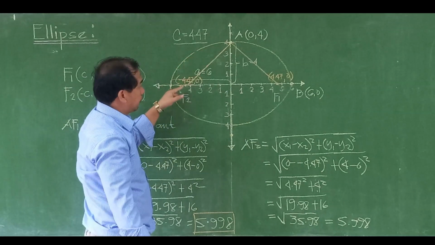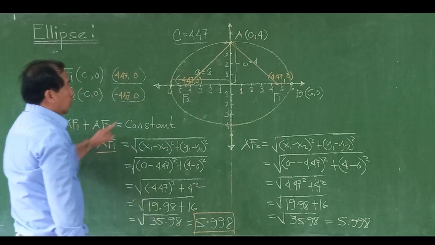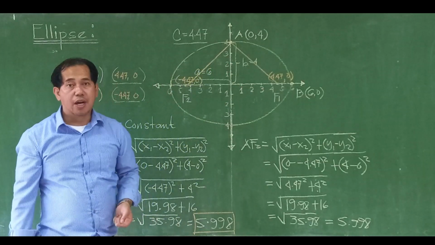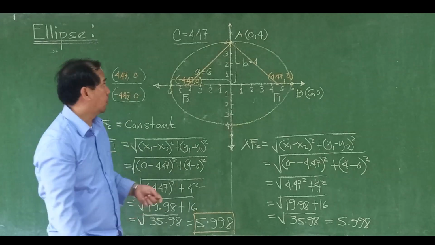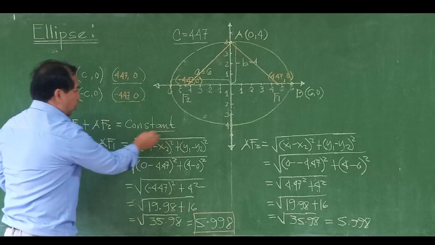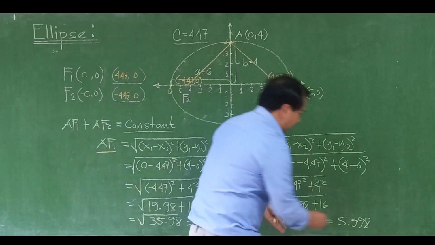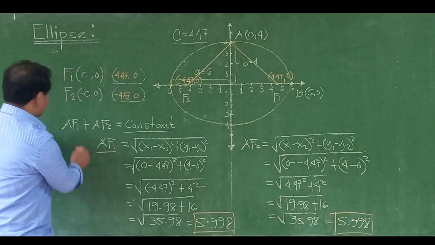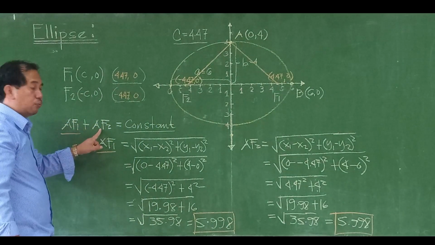Now, what about the distance between point A to focus 1? That is the same as 5.998. That is almost 6 if you're going to round it off. Now, it says in there, what is the value of the constant? To look for the value of the constant, we are going to add the distance between point A to focus 1 and point A to focus 2.